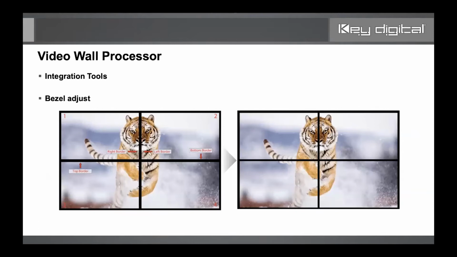Bezel adjustment is another thing. Displays that are less expensive generally have thicker bezels. Using the internal features of this VW, you're able to shift the image so that it aligns properly, even with a larger bezel display, and get the maximum quality without having to spend more money on more expensive displays.